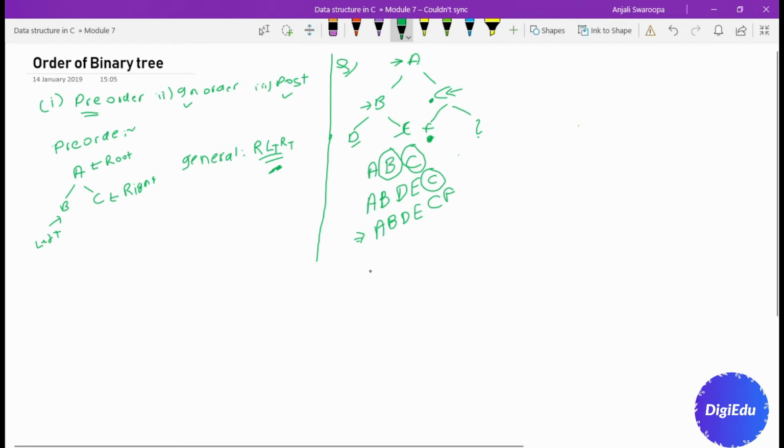So the pre-order of this binary tree is A, B, D, E, C, F. This is the pre-order of this particular binary tree.